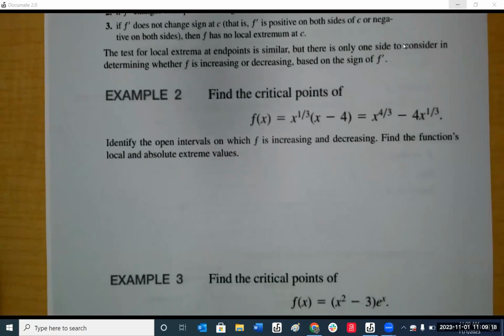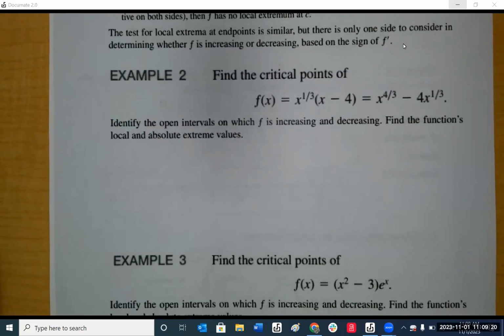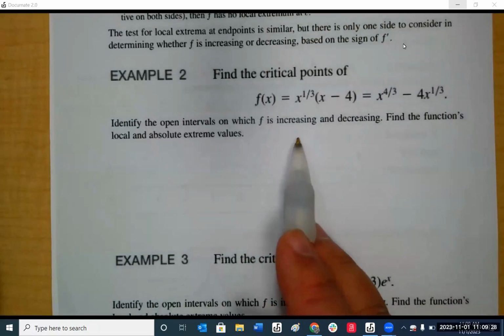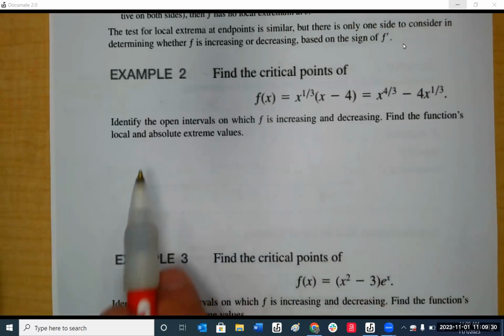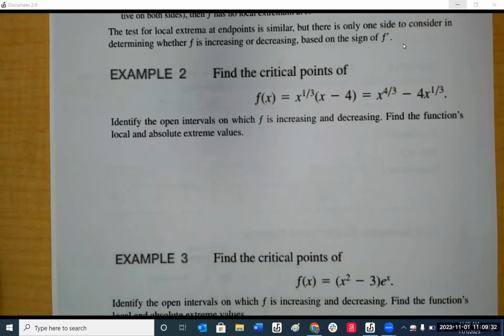Let's look at example 2. Now with this one, it says identify the open intervals in which f of x is increasing, decreasing, then find the function's local and absolute extreme values. Oh, I forgot to put a box there.